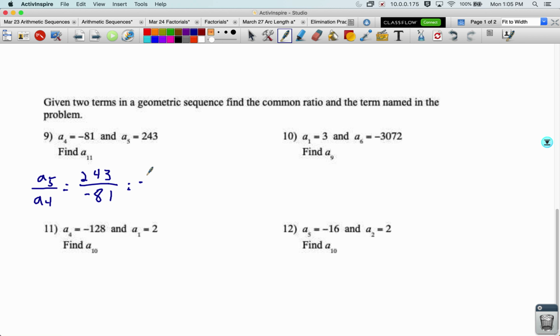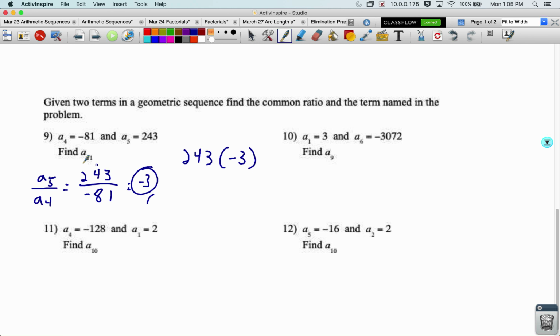Now we've got to find the 11th number. Well, here's what we're going to do. We're just going to back up the whole sequence by 4. So we'll treat 243 as our first term, and multiply it by negative 3. Well, you can just count this out. I'm going to count with my fingers.